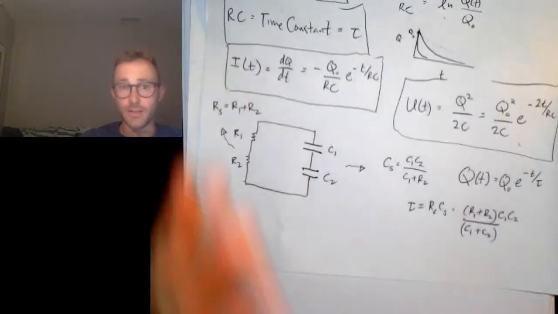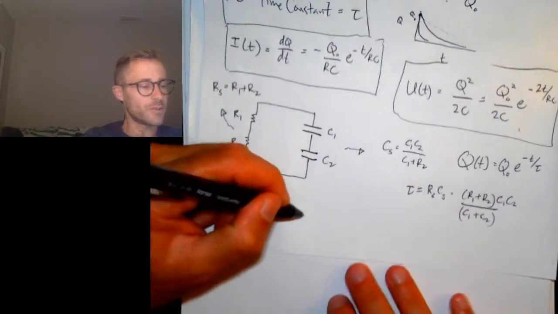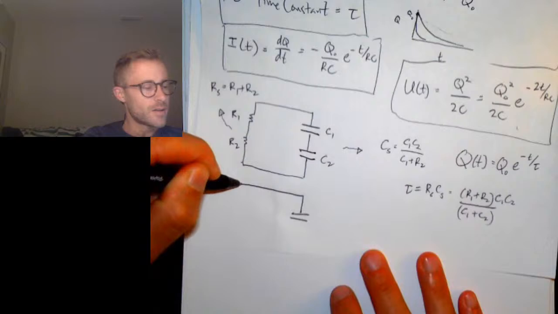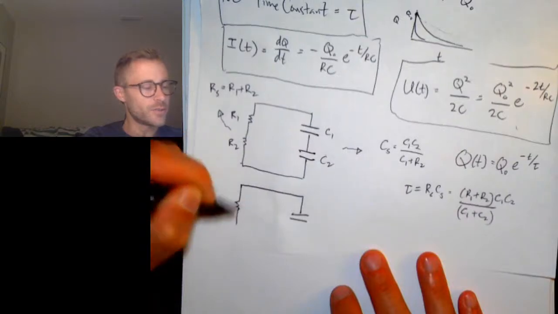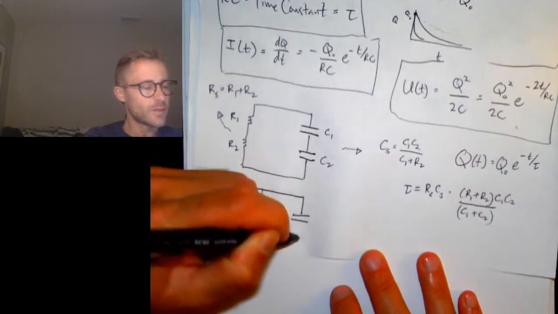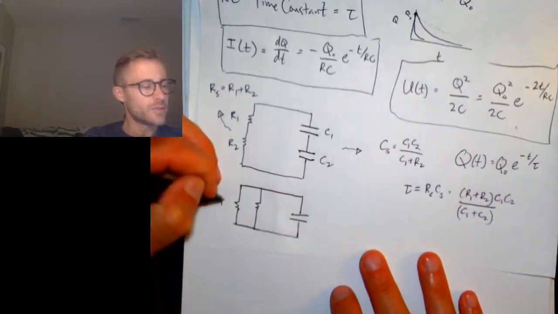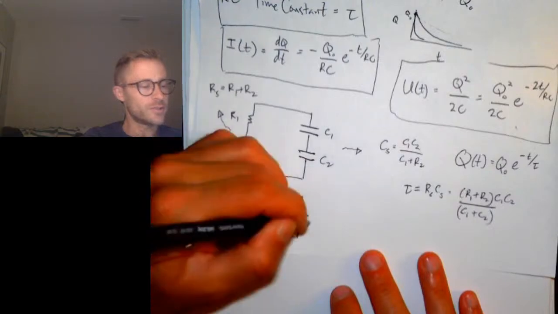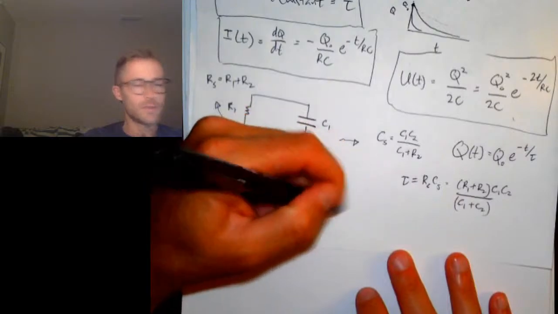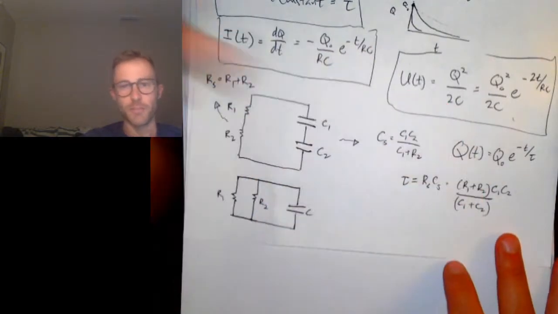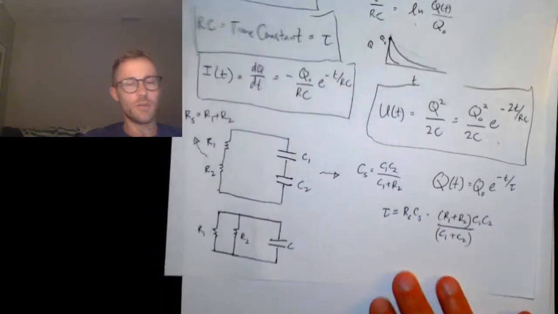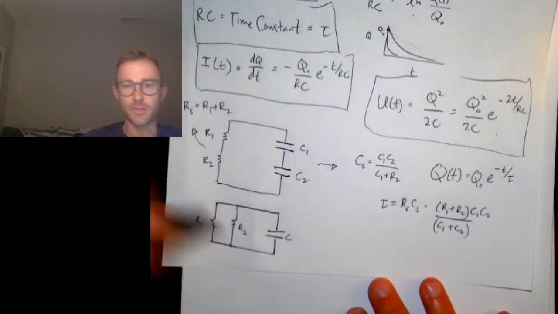So if you have combinations of things, like maybe you had something like this. What if you had a capacitor feeding into two resistors? Okay. So this is R1, this is R2, this is C. Your time constant is going to obey the exact same form as a single resistor and a single capacitor, but it's going to be the equivalent resistance of these two.